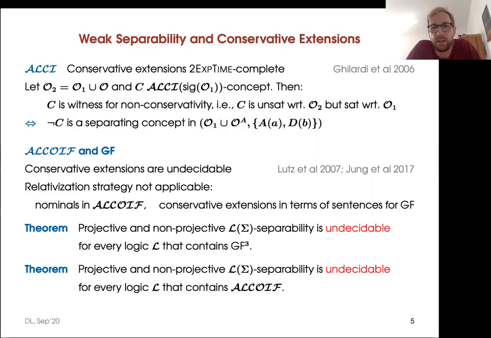But still, we could adapt the undecidability proofs and show that projective and non-projective weak separability are undecidable for every logic that contains either ALC or OIF or the guarded fragment, even with free variables.